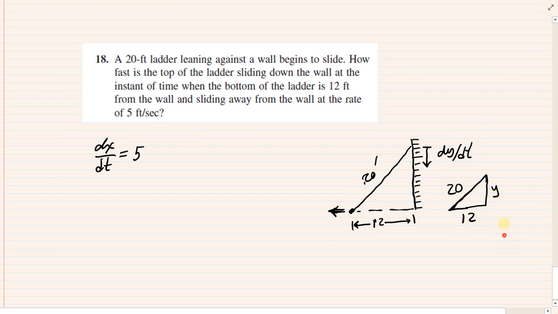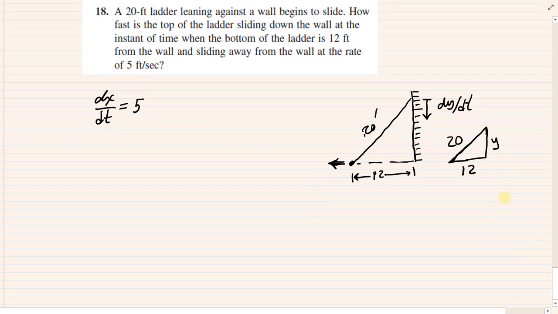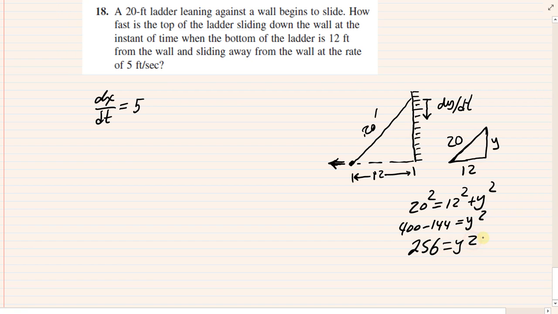What is y? Well, we can use the Pythagorean identity for this one. We get 20 squared equals 12 squared plus y squared. That's 400 minus 144, and that's 256, right? 256, that's equal to the y squared.